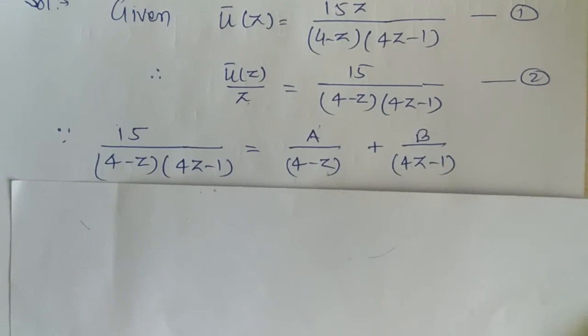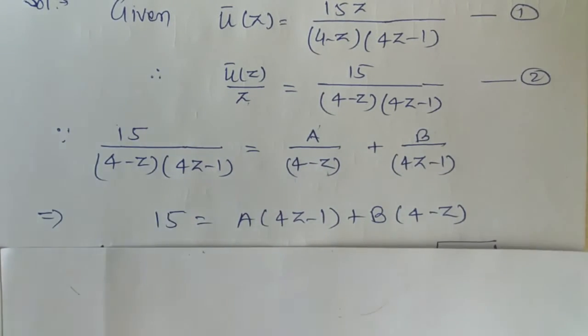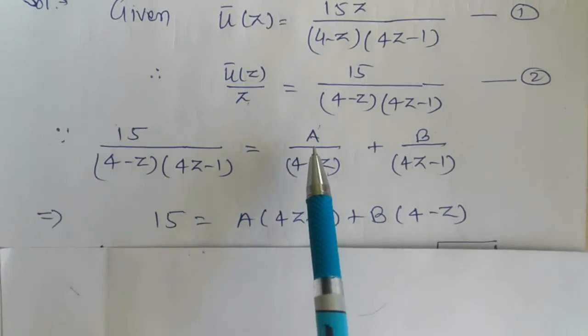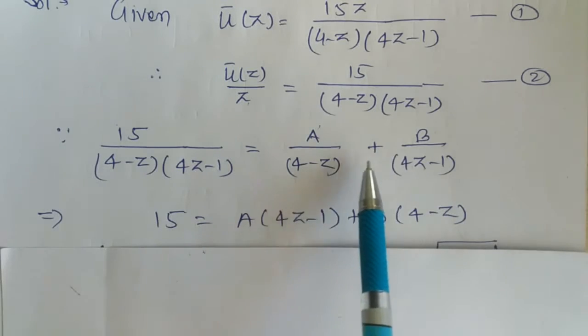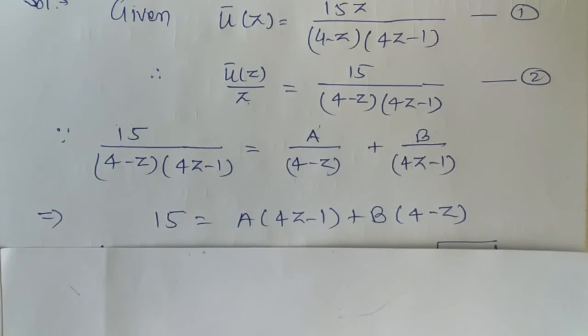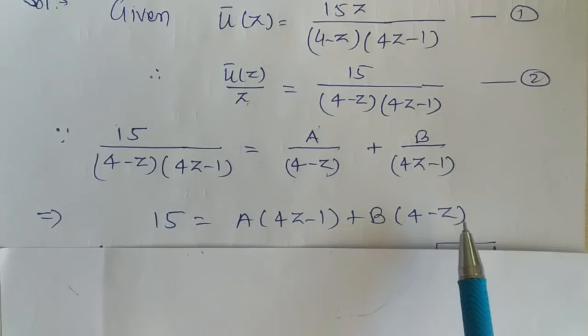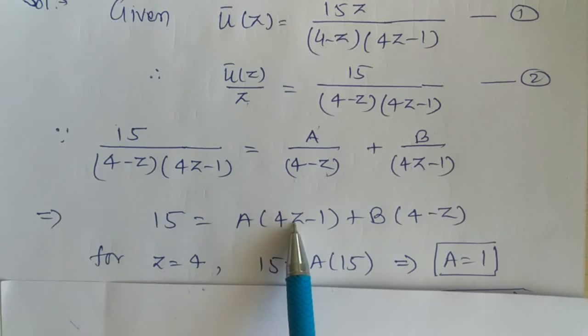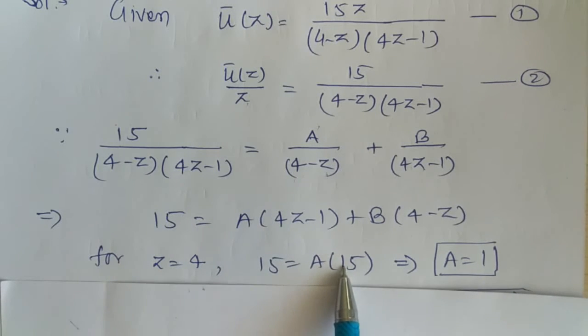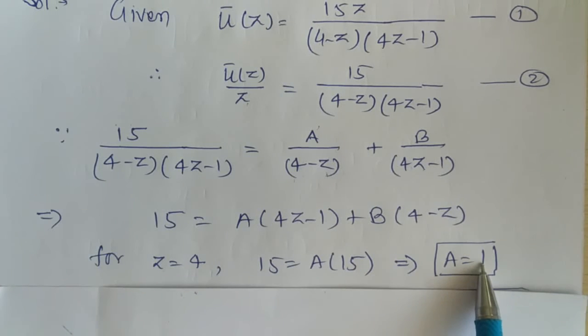So after simplification, we get 15 equal to a(4z minus 1) plus b(4 minus z). Now for z equal to 4, the second term is 0. Then 15 equal to a into (16 minus 1), that is 15, and 15 cancels, so we get the value of a equal to 1.